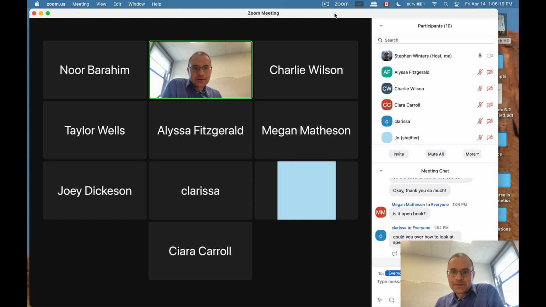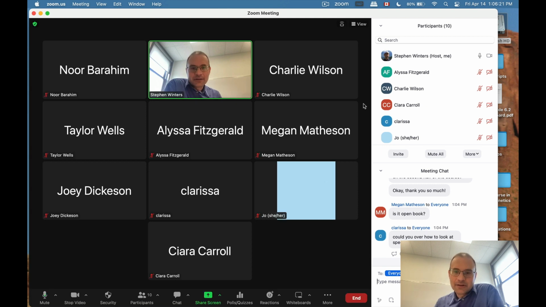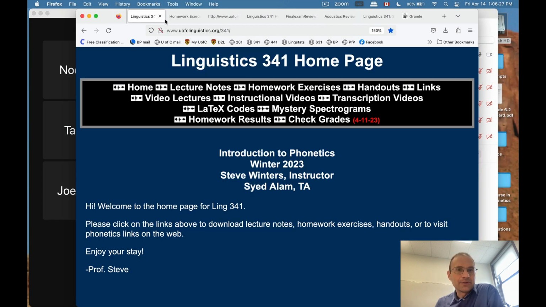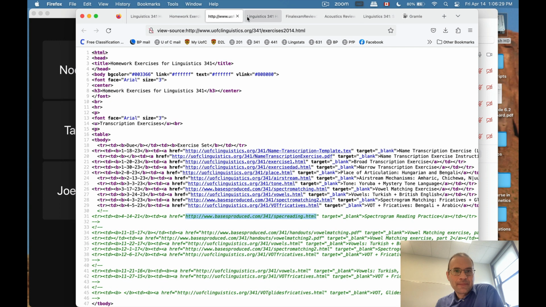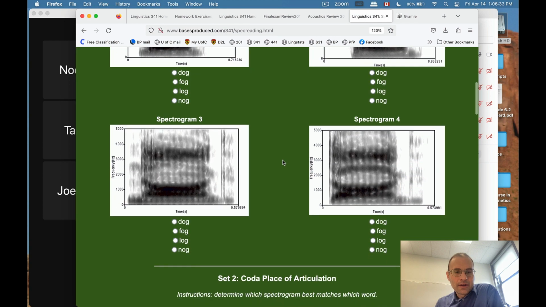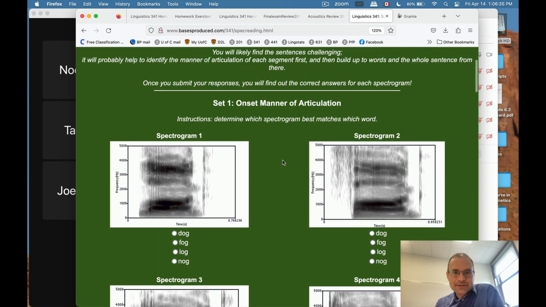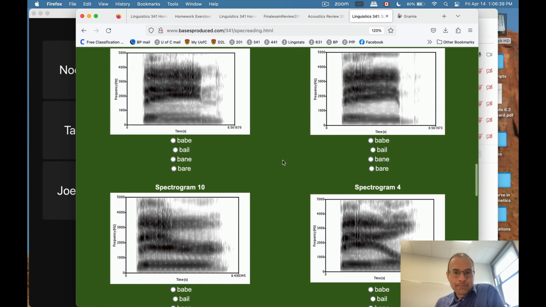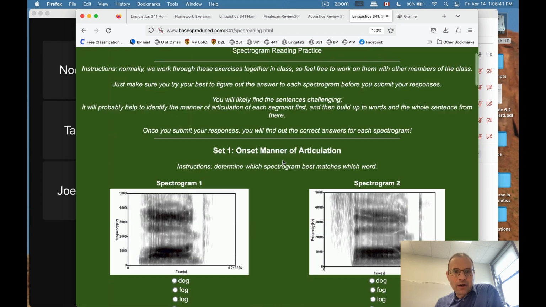So, I got a question from Clarissa about looking at the spectrograms of vowels again. I've got the practice spectrogram reading exercise, but these are not about vowels.